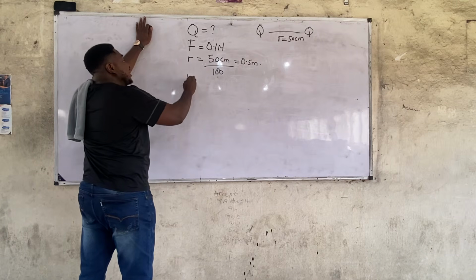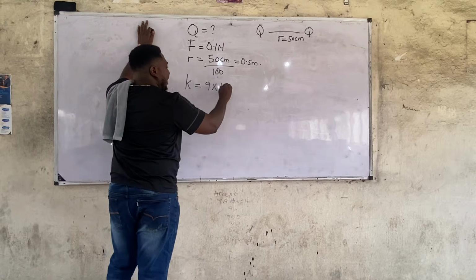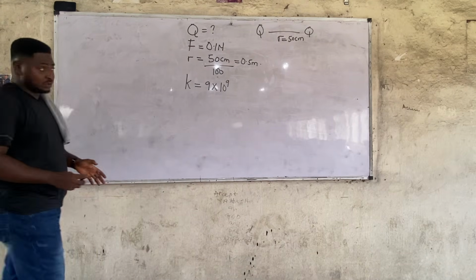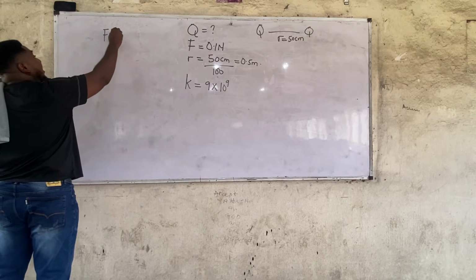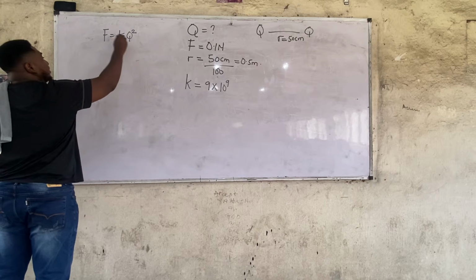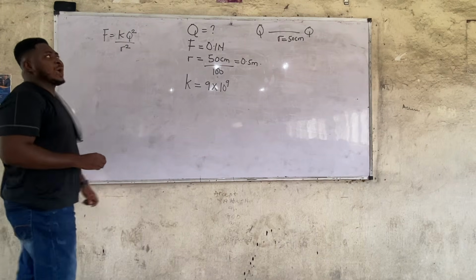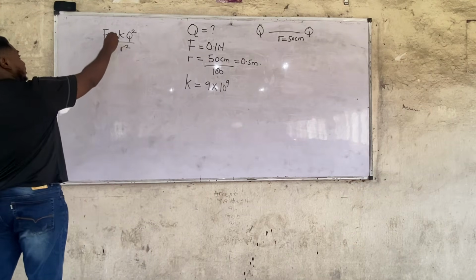Now, class, this already tells us to use Coulomb's law. Coulomb's constant K is 9 times 10 raised to the power 9. It's a constant, whether they give it to you or not, you should know it. F equals KQ squared all over R squared. But it's Q we are looking for, so we have to make Q the subject.